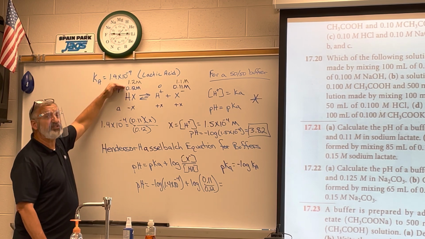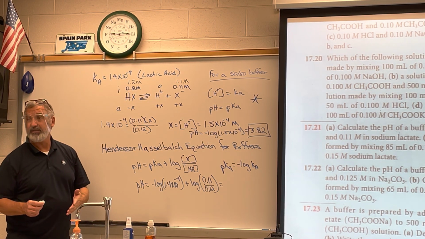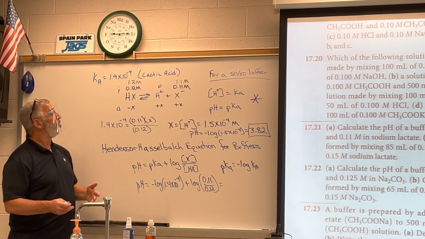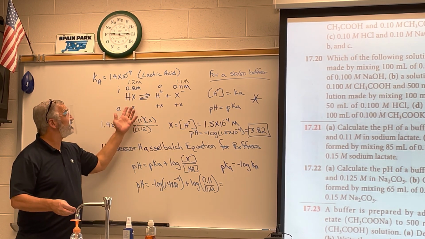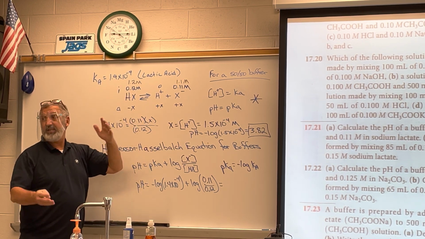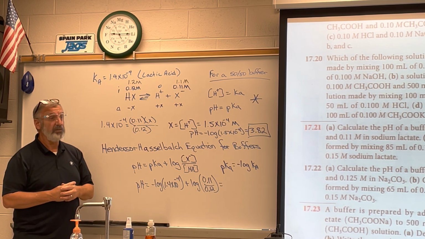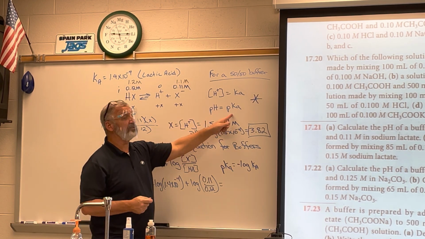The greater the concentrations of the acid and the salt, the greater the buffer capacity. The best buffer is a 50-50 mix, because then you can add equal amounts of either one, and it can handle either acid or base equally without the pH changing. And at a 50-50 buffer, pH equals pKa.